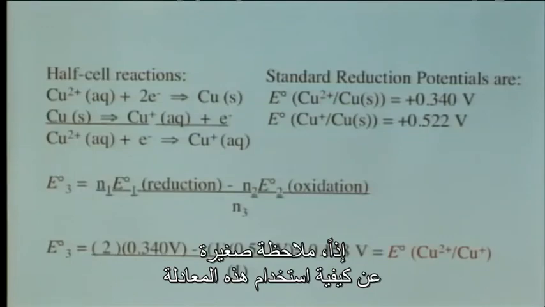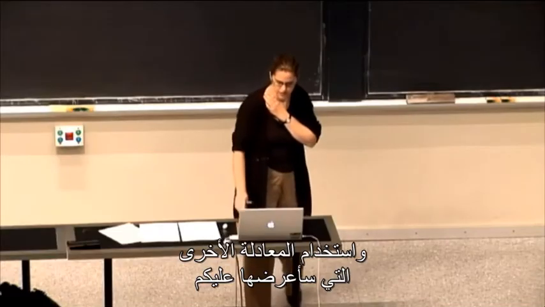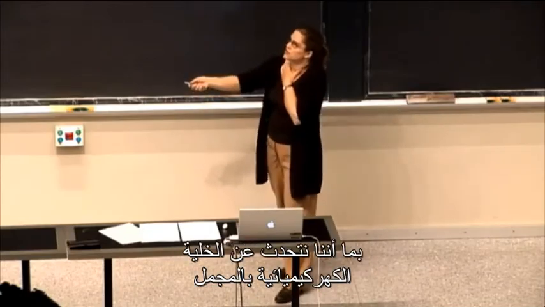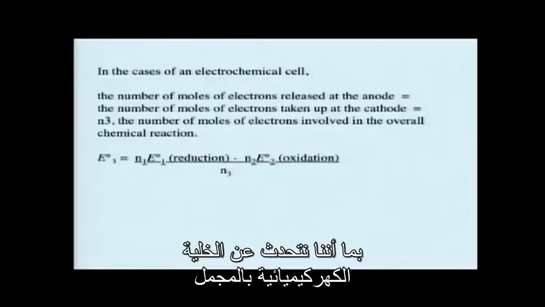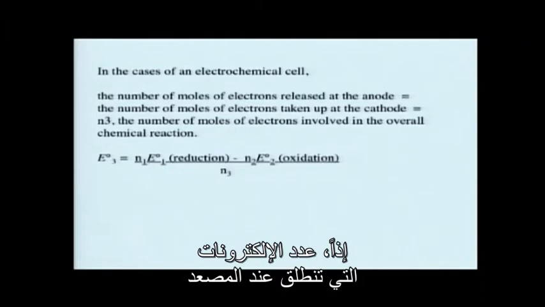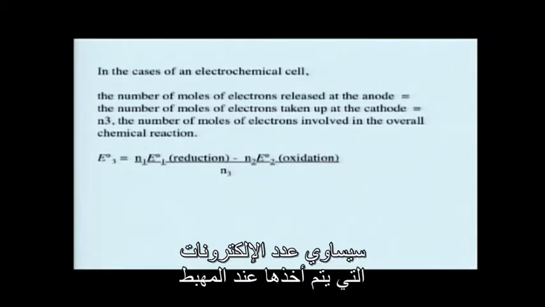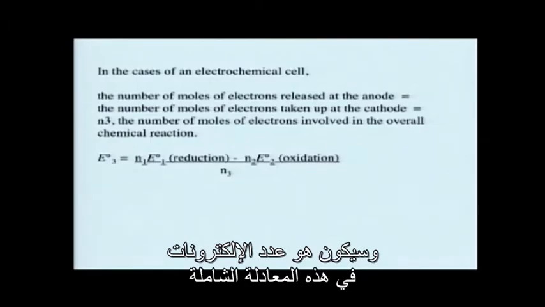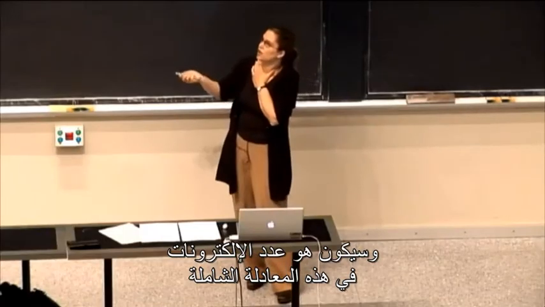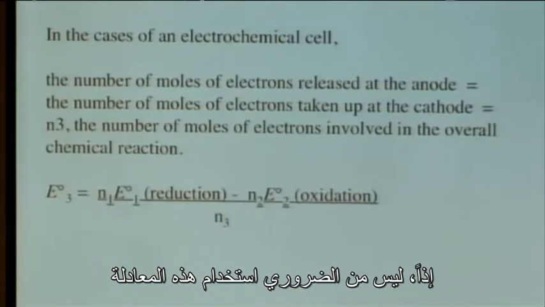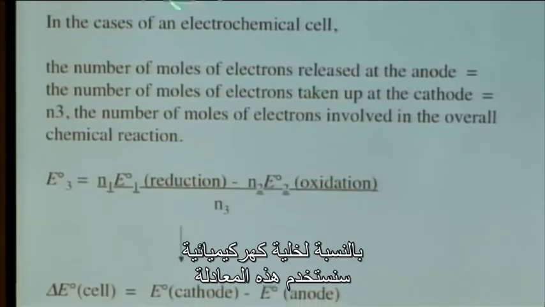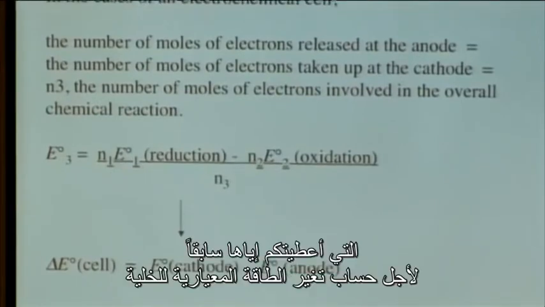So just a little note about when you're going to use this and when you're going to use the other equation that I showed you. If we're talking about a whole electrochemical cell, the number of moles that are released at the anode are going to equal the number of moles taken up at the cathode and be the number of moles involved in the overall equation. So this equation is not necessary. And for a full electrochemical cell, we're going to use the equation that I gave you before for this delta E naught for the cell.